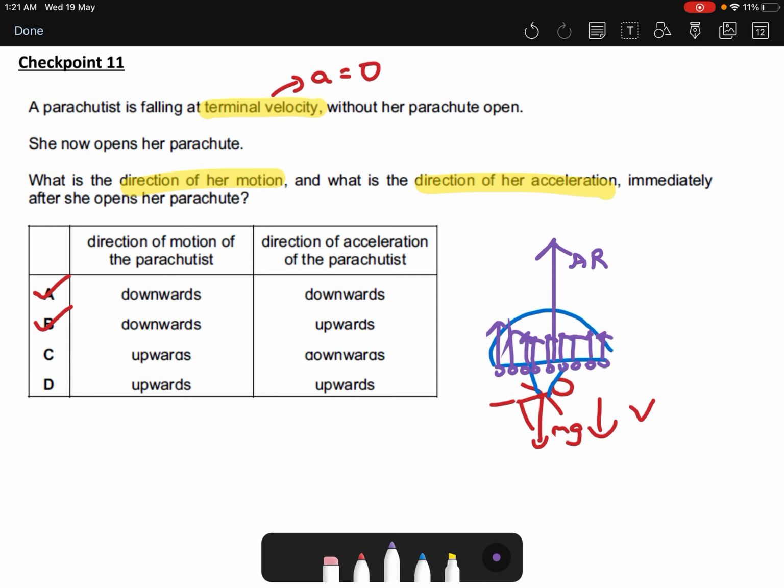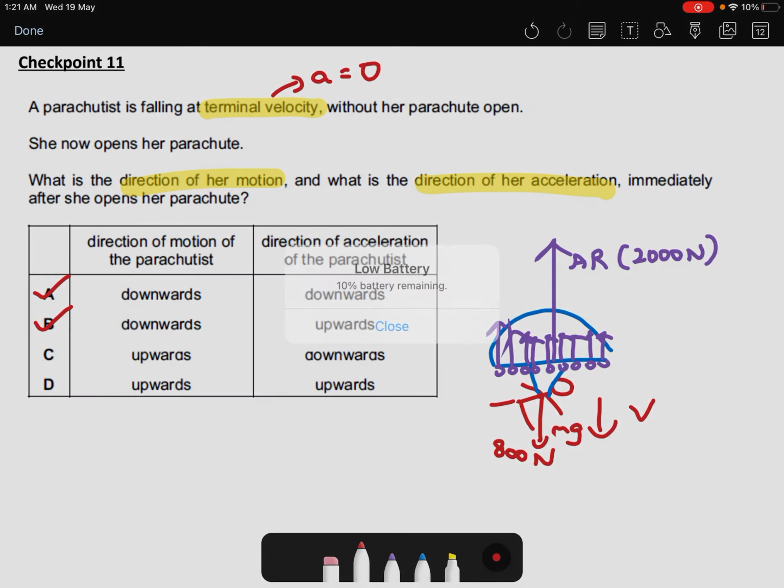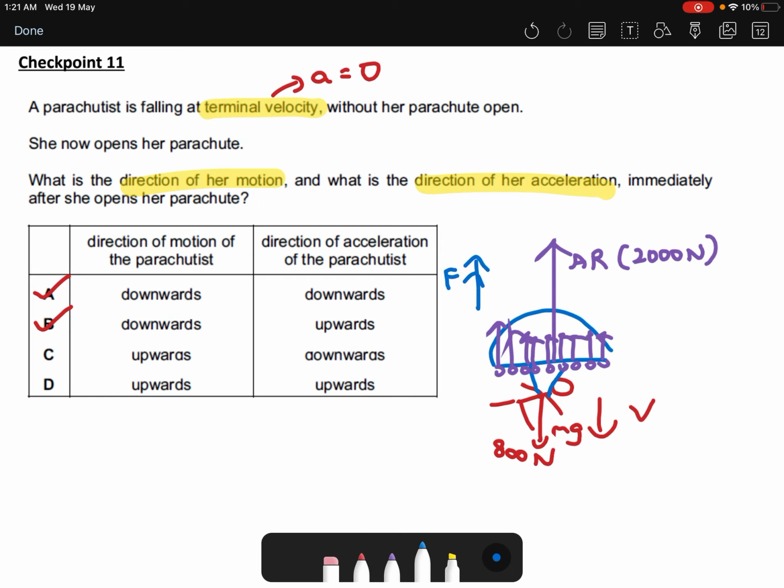So in terms of resultant force, let's put some values to help us analyze better. If this man has a weight of maybe 800 Newton, the air resistance will be maybe 2000 Newton. You will see that my air resistance now is bigger than the weight. So there will be a resultant force upwards.